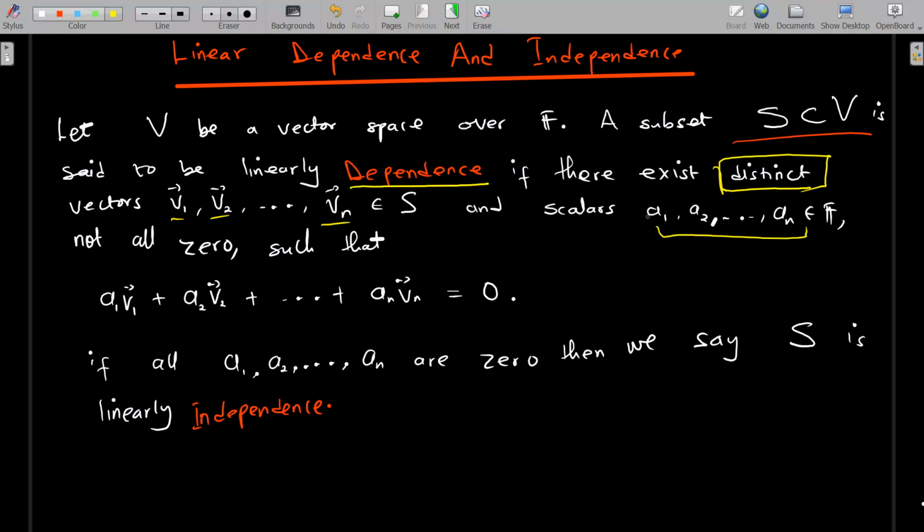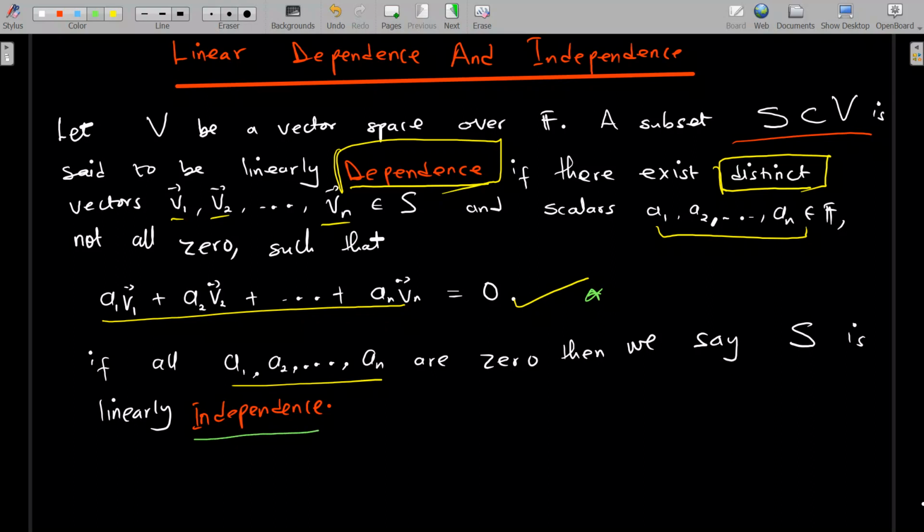If these scalars are not all zero, such that the linear combination of the vectors in the set S using these scalars gives you 0, then we say it's linearly dependent. But if all the scalars in front of each vector should be 0 such that this equation will be satisfied, and this is the equation I'm talking about, then we say the set is linearly independent.